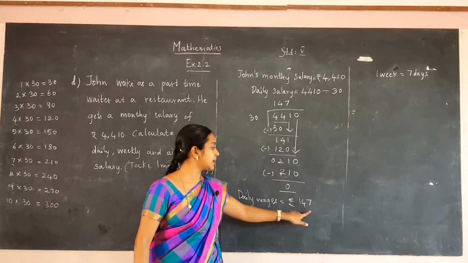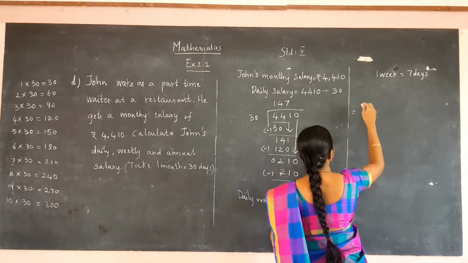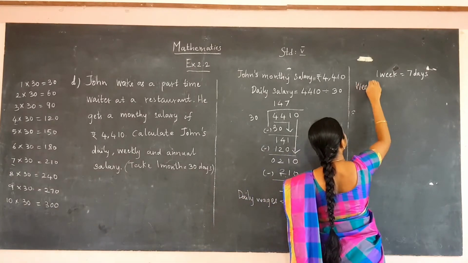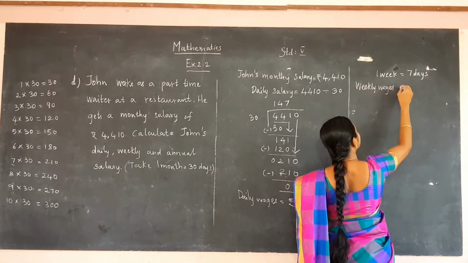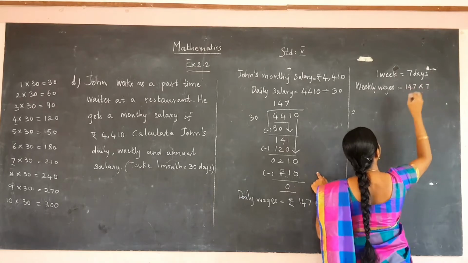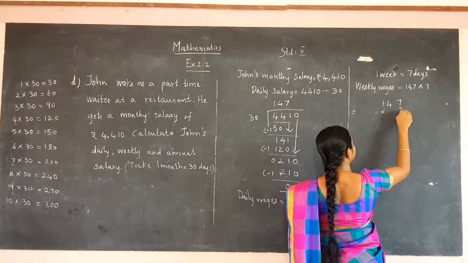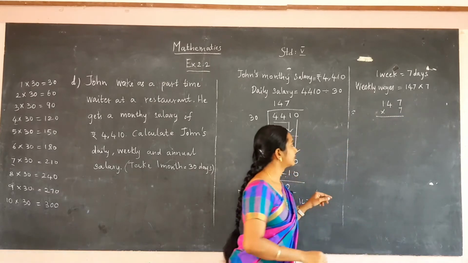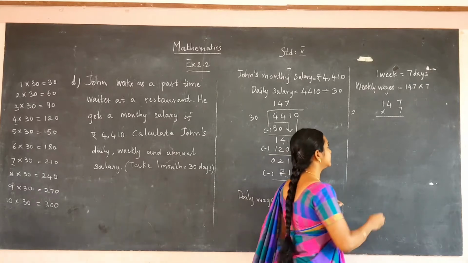So for a week we have to multiply 147 into 7. Seven into 7 will be 49.